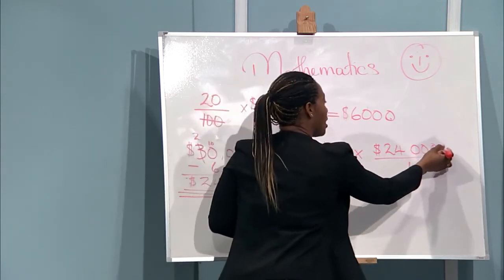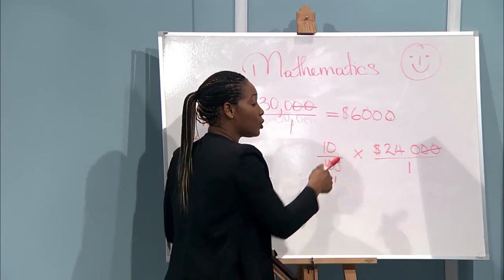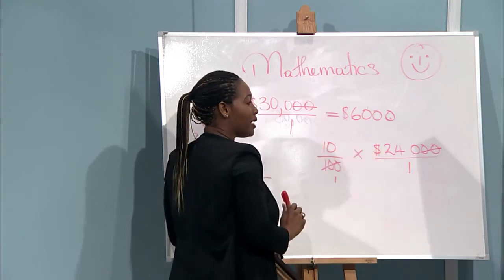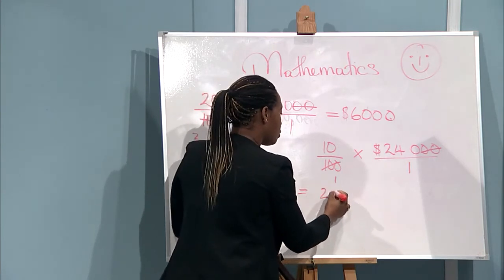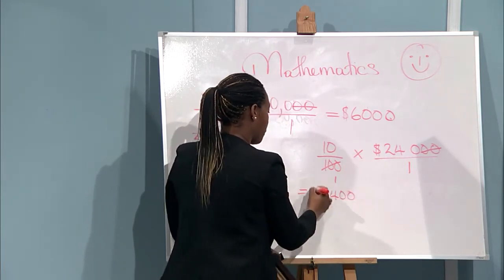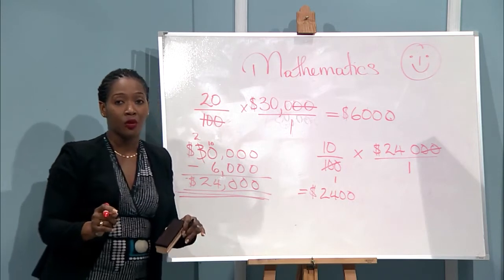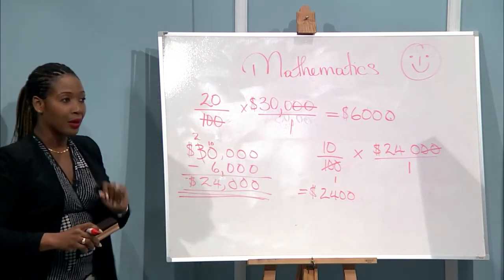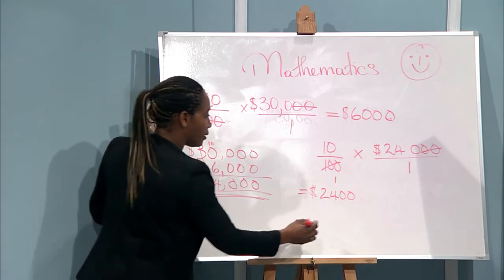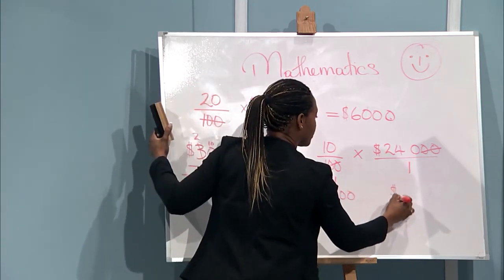Simplify when possible. So we have 240 multiplied by 10, and I'm just going to write it down here, gives us 2,400. So 10% of 24,000 is 2,400. And that was a reduction. So here again, I'm just going to set it up here.